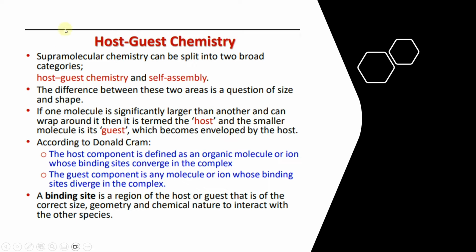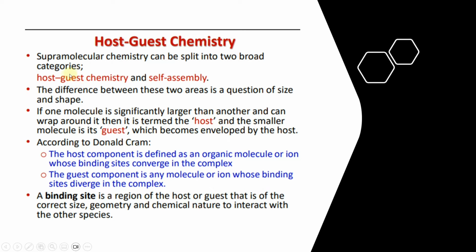So, when talking about supramolecular chemistry, it can be split into two broad categories, host-guest chemistry and self-assembly. Well, how can you differentiate between host-guest chemistry and self-assembly? In the case of host-guest chemistry, the host molecule is larger whereas the guest molecule is smaller.